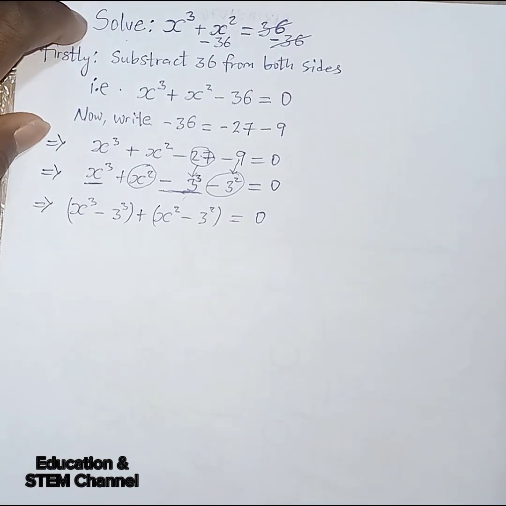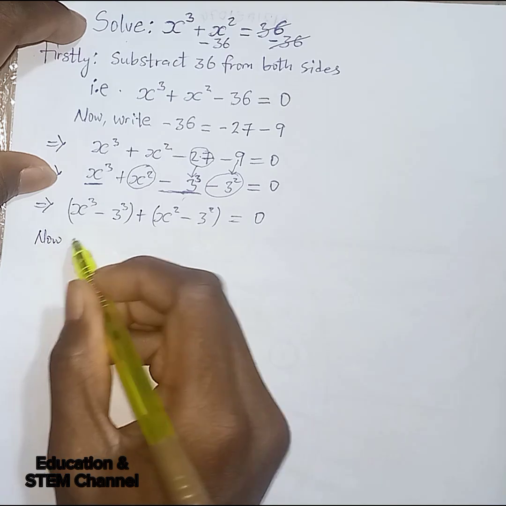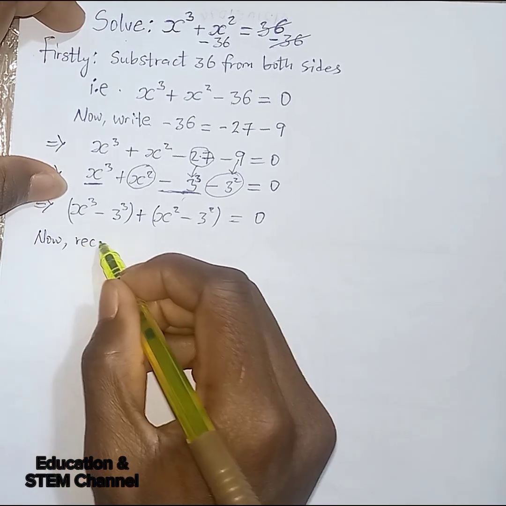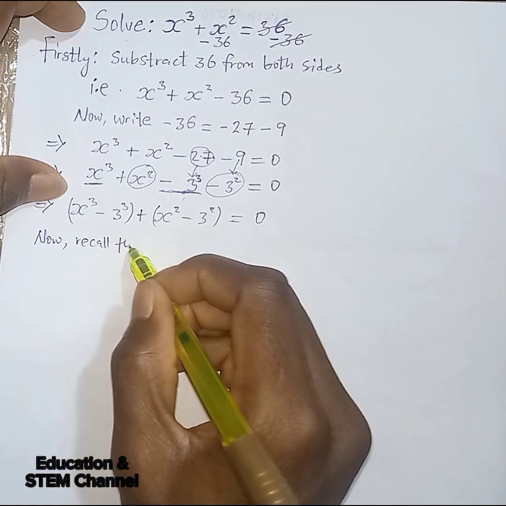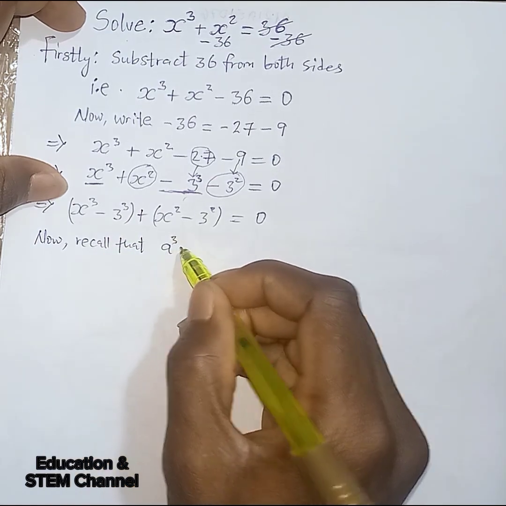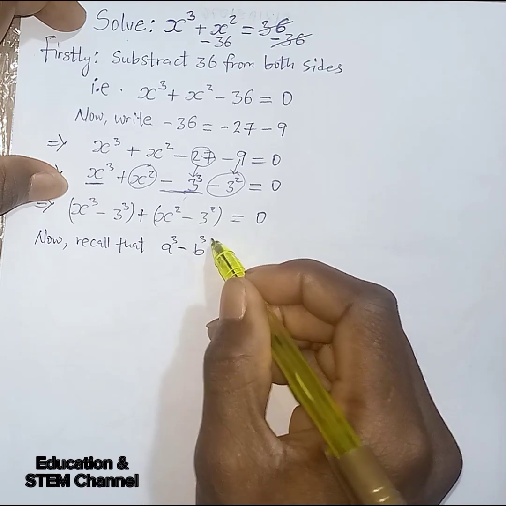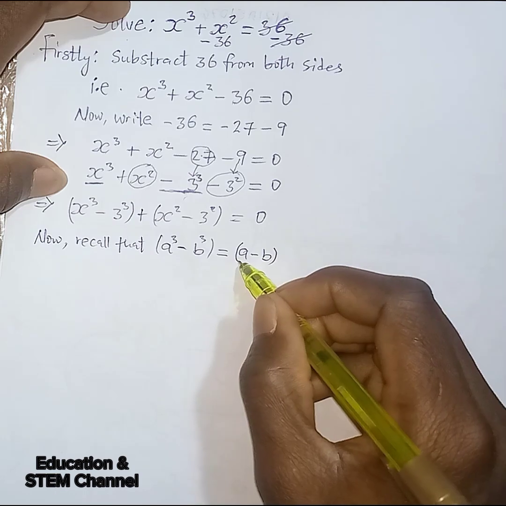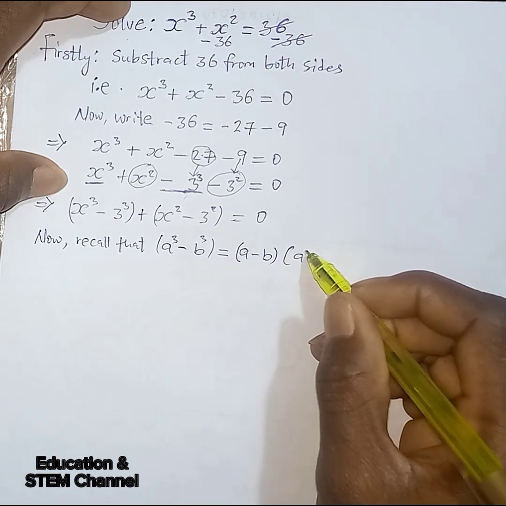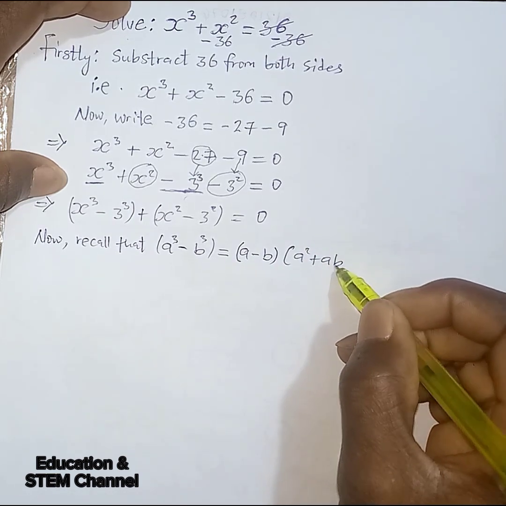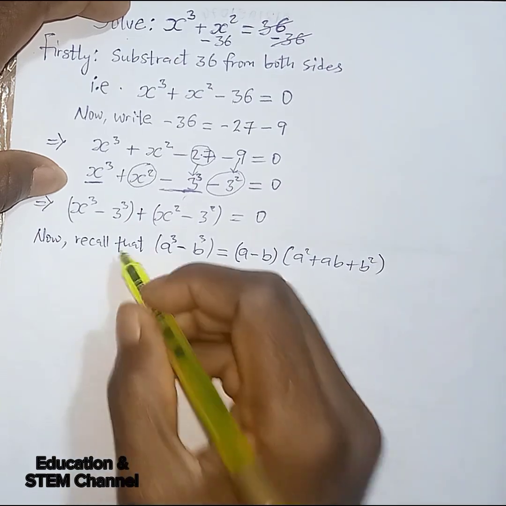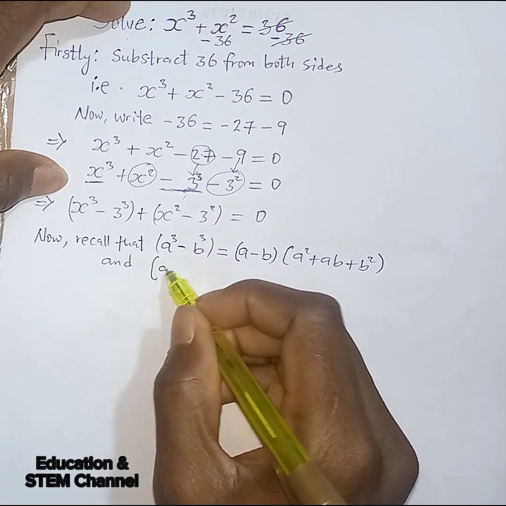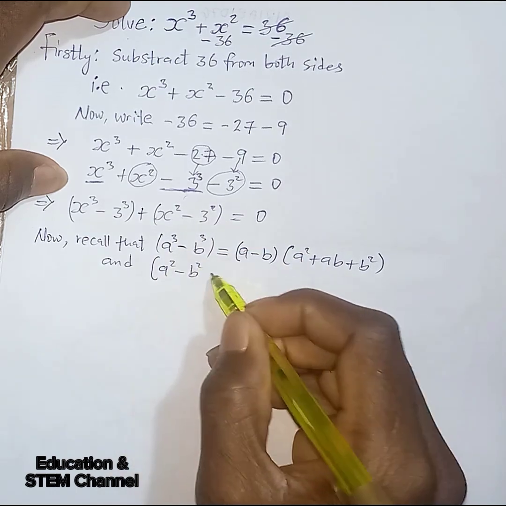Okay, so now there is this formula. Should I call it a formula or a proved expansion formula, that when you have a raised to the power 3 minus b raised to the power 3, if you expand it, you are going to get a minus b in one bracket into a squared plus ab plus b squared, where a and b in this case are x and 3 respectively.